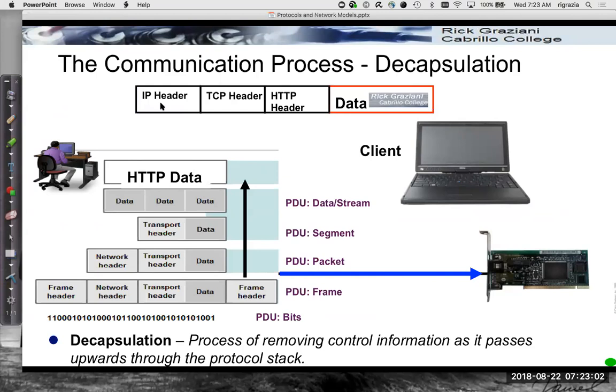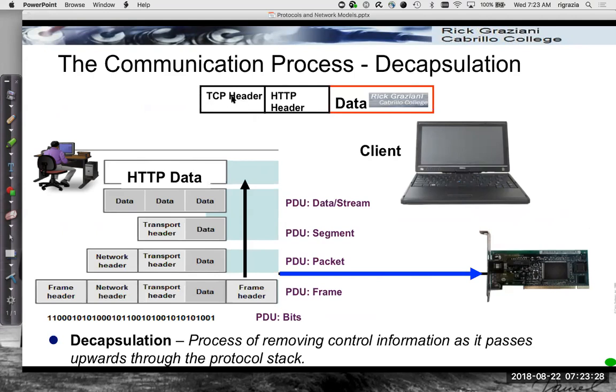passes that information up to the IP process. The IP process looks at the information in the IP header, looks at certain information, makes sure it's its IP address, for example. And if all that looks good, it hands it up to, in this case, the TCP process. So you can see we're removing headers as it moves up the stack.